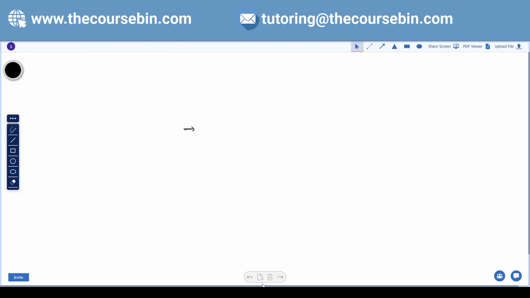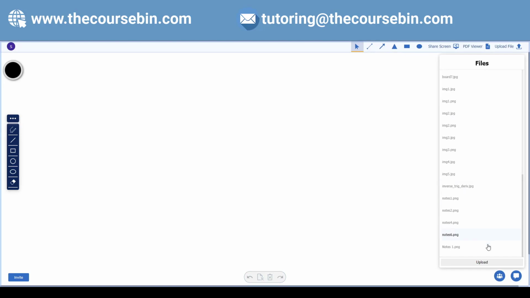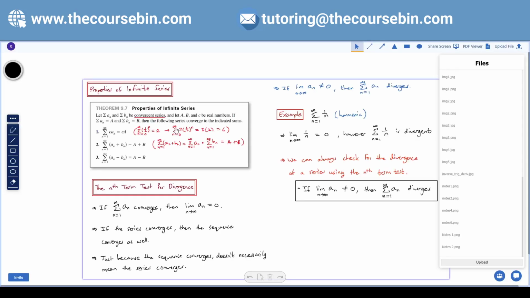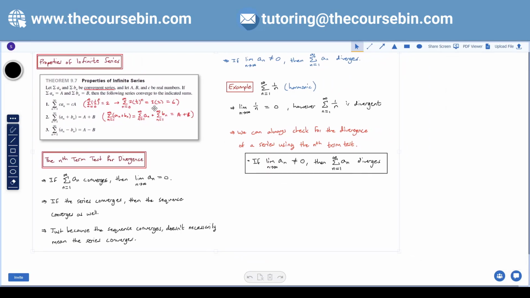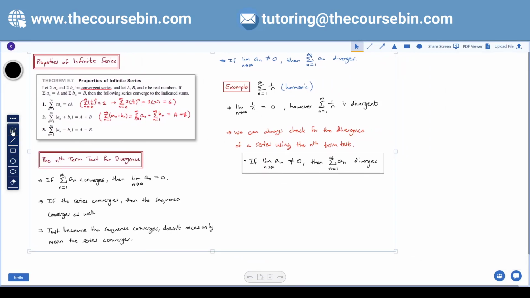And then what we did was we took a look at properties of infinite series and also the divergence test. So the divergence test is very straightforward, right? If you take a series and you take the a sub n and you take its limit, right?